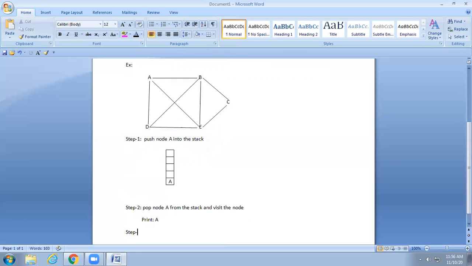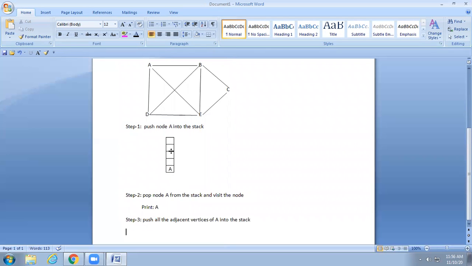Step 3. Push all the adjacent vertices of A into the stack. So what are the adjacent vertices of A?